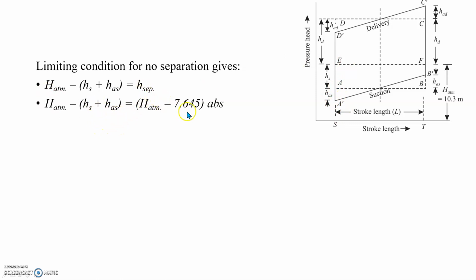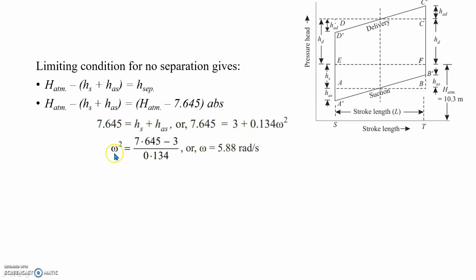The separation head is given in vacuum as minus 7.645, so we are substituting this in absolute scale, and here we can see HATM on either side, we can cancel, and we can substitute the value of HAS here, and we can obtain omega equal to 5.88 radian per second.